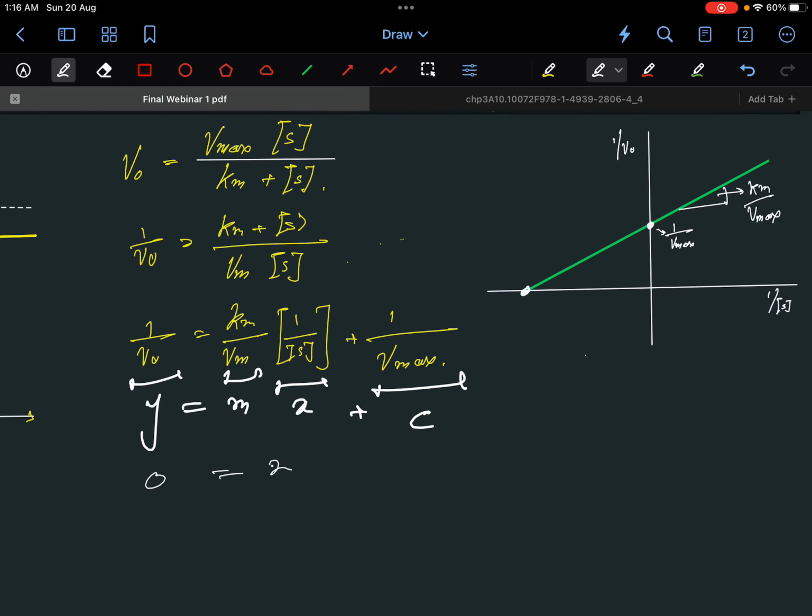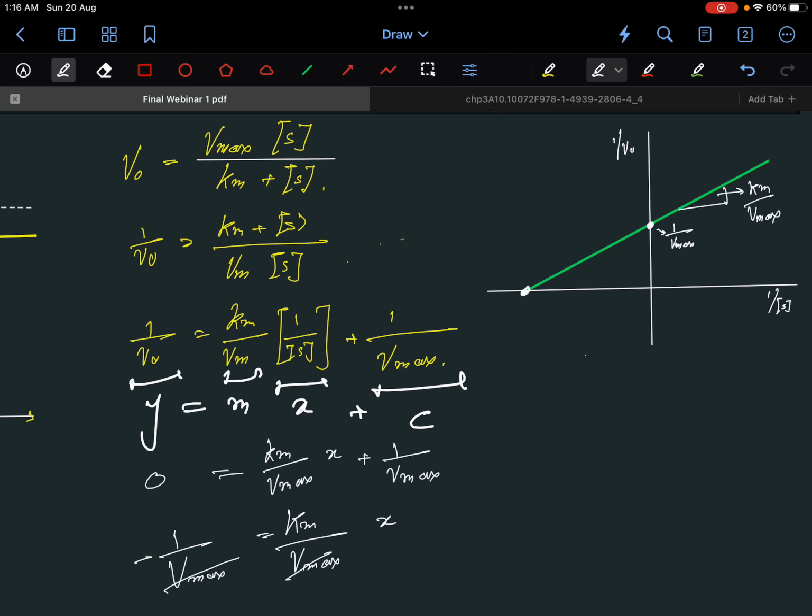So 0 equal to Km by Vmax, and what is 1 by x? This is x. We have to find the x. Plus 1 by Vmax, right? So if you bring 1 by Vmax this side, it will be negative. 1 by Vmax equal to Km by Vmax into x.